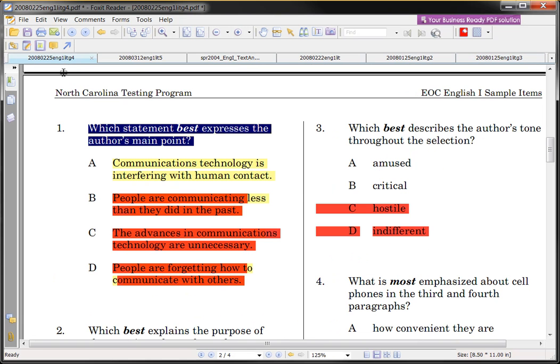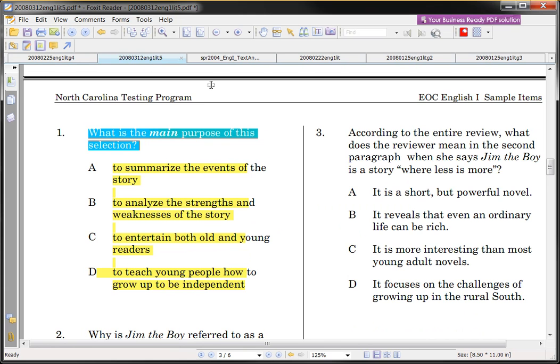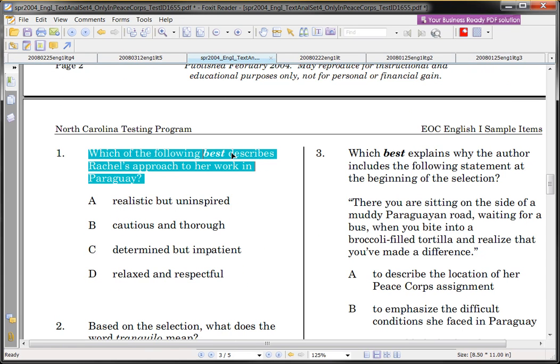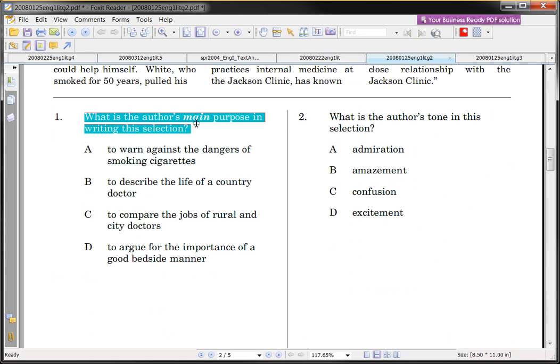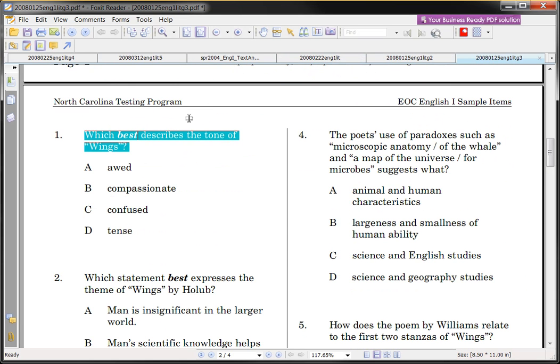So, main point, main purpose. I don't see a whole lot of similarity in that one. Tone, main purpose, tone. All right. If that's not informational, I don't know what is. So, tip number 3.